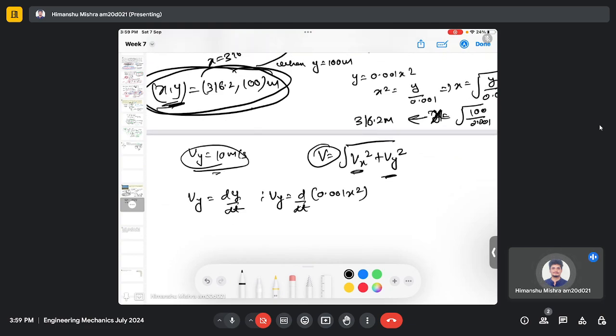So now the y and x is a function of time, so I can write Vy as 0.001 multiplied by 2x multiplied by x dot, because this x is a function of time, right?